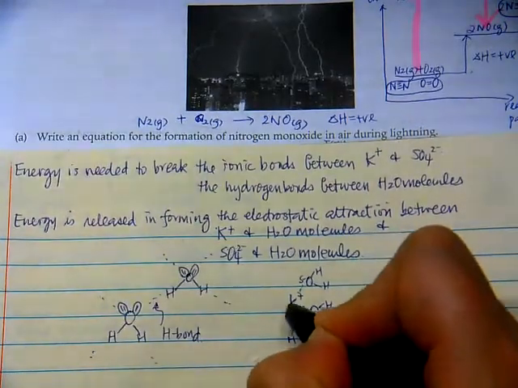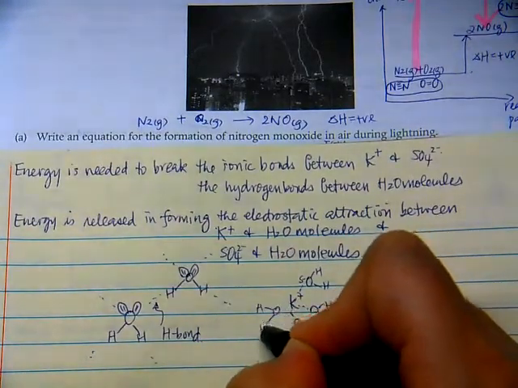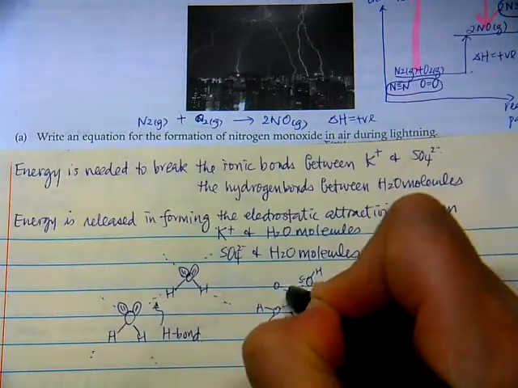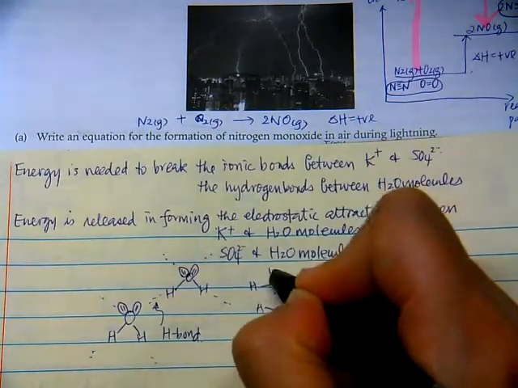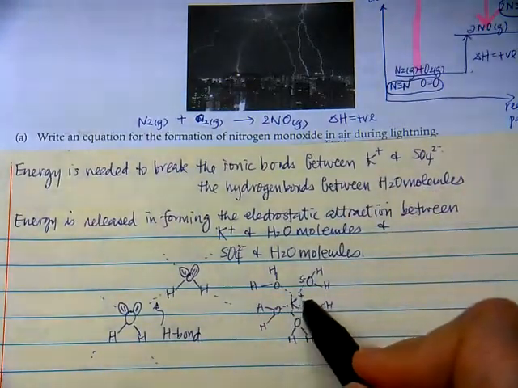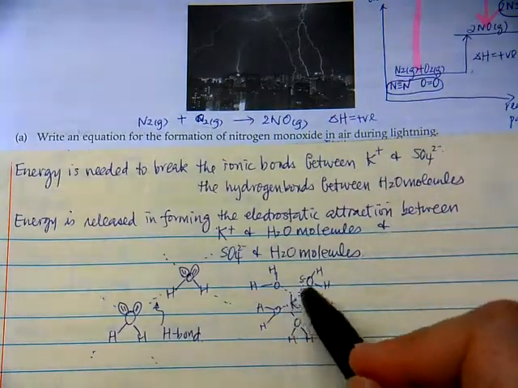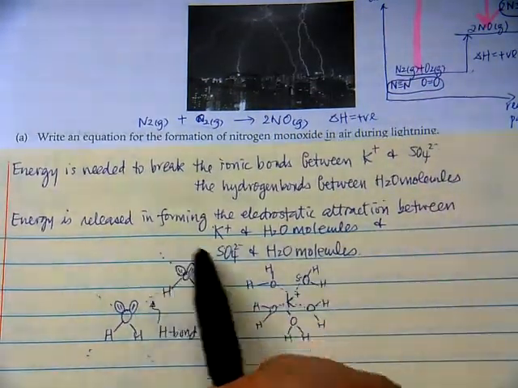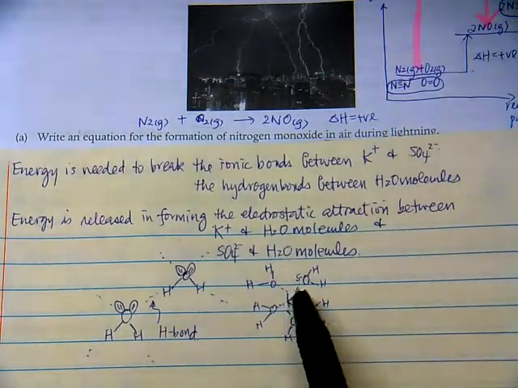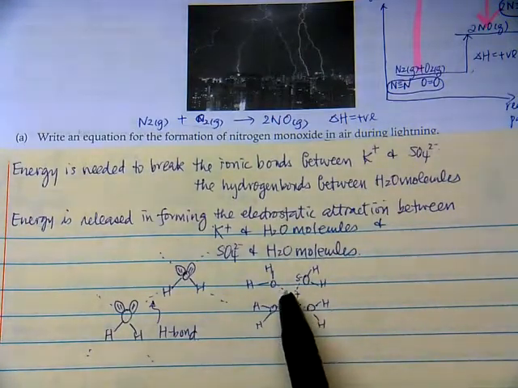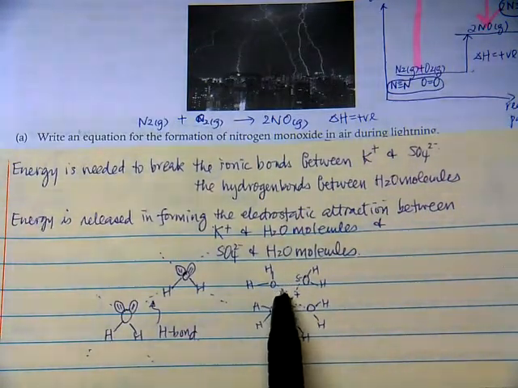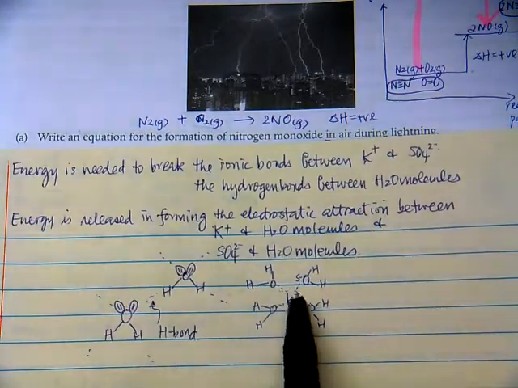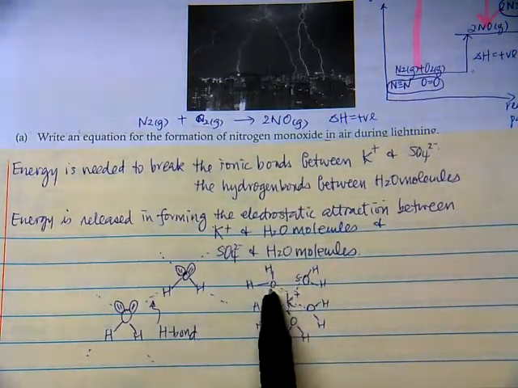We have a lot. Because electrostatic attractions are formed, energy is released. Now I repeat this by using this diagram. Energy is released in forming electrostatic attraction between potassium ion and water molecule.